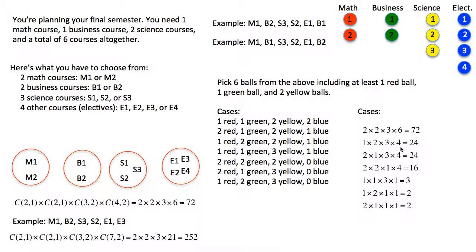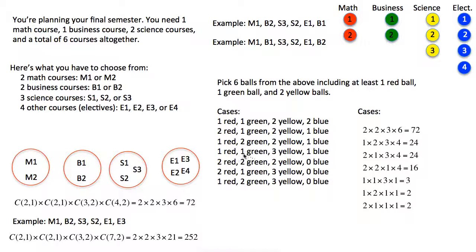Multiply using the multiplication principle, and we get 24 possibilities that give you this case. For the third case, 1 red, 2 green, 2 yellows, and 1 blue, 1 of the 2 reds, 2 ways, both of the 2 greens, 1 way, 2 of the 3 yellows, 3 ways, 1 of the 4 blues, 4 possibilities. Again, 24 for that case.